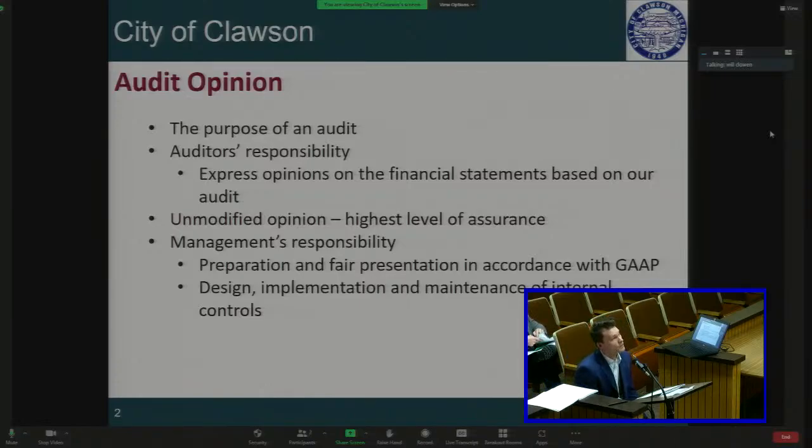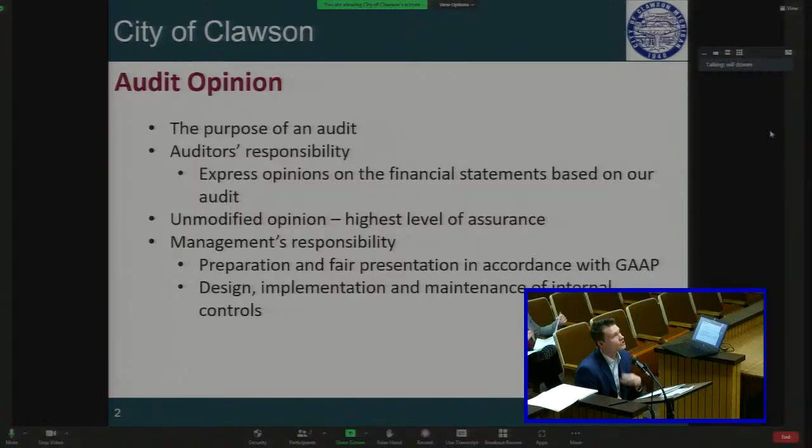that we call emphasis of a matter paragraphs. These are not required paragraphs, but when certain things occur, we like to draw specific attention to them. The first one is the adoption of the new accounting standard, GASB Statement 84, which is a new standard on fiduciary activities, and that has been implemented.